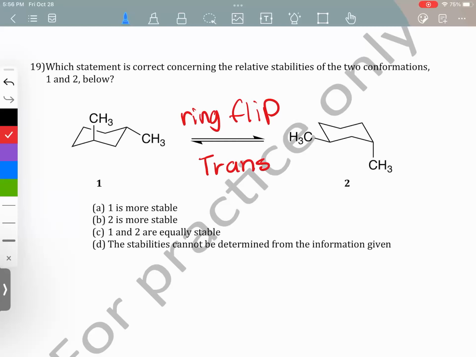So what can be said about their stability? The same. Their stability energy isn't different. Because they're trans, they're going to be more stable, and one of the groups falls in the equatorial position. So it's cool. Both chair conformations have equal stability.